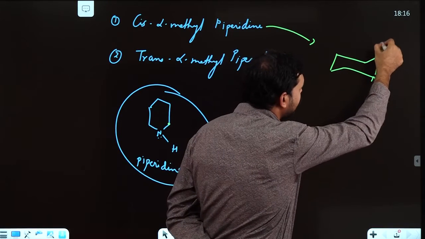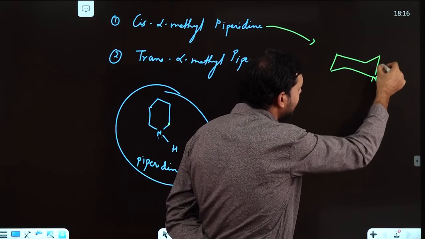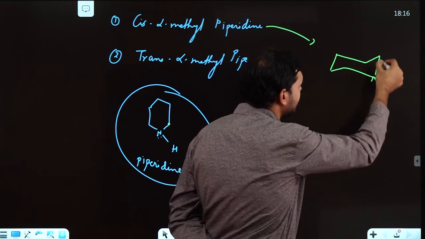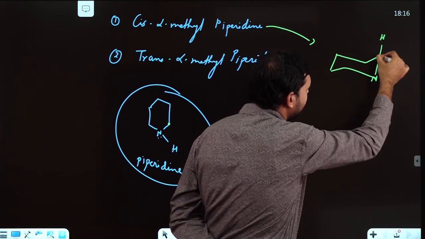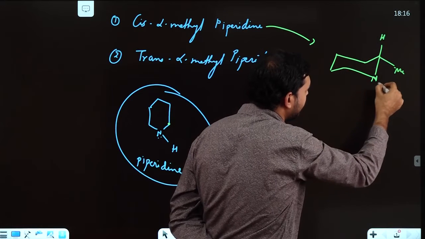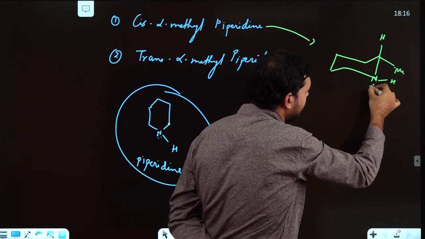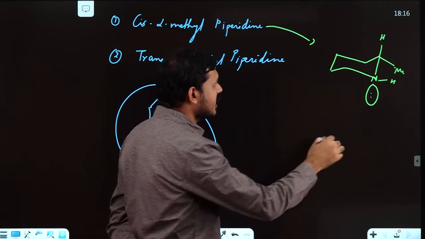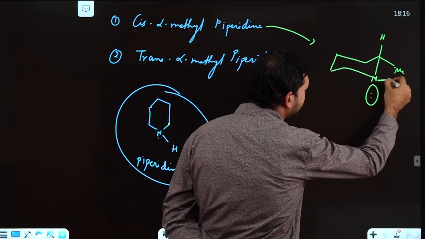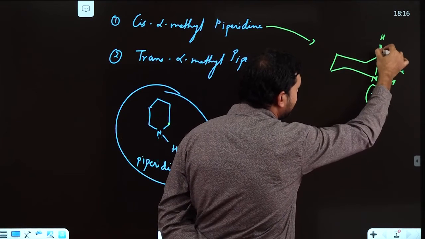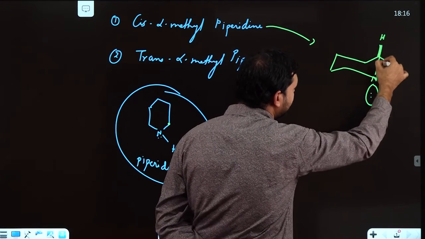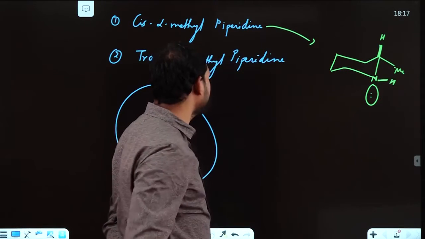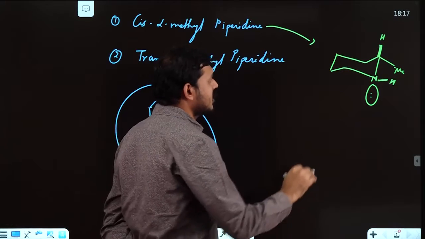If I draw both hydrogens upside, methyl will come in equatorial position, so that is the better case. So I will draw hydrogen this side, methyl this side, and here hydrogen this one. Nitrogen hydrogen upside, here also carbon hydrogen upside. With this respect it is cis form. So this is your cis alpha methyl piperidine stable form.